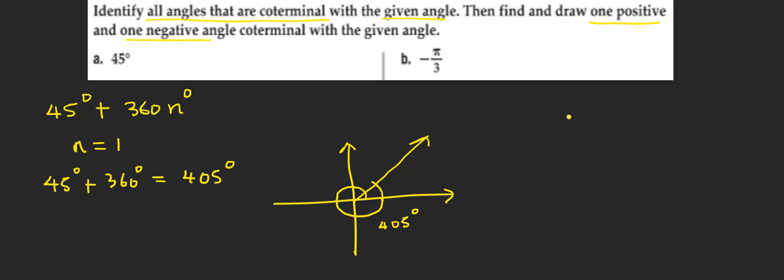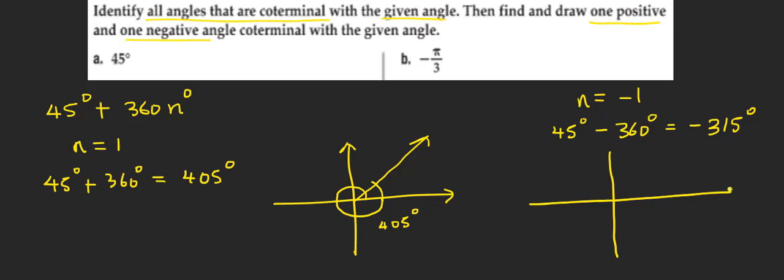Now, what about when n is negative 1? When n is negative 1, it's going to be 45 minus 360 degrees, which is going to be negative 315 degrees. Now, how do you draw negative 315 degrees? Again, we start with the initial side on the positive x-axis. Now we have to go clockwise.